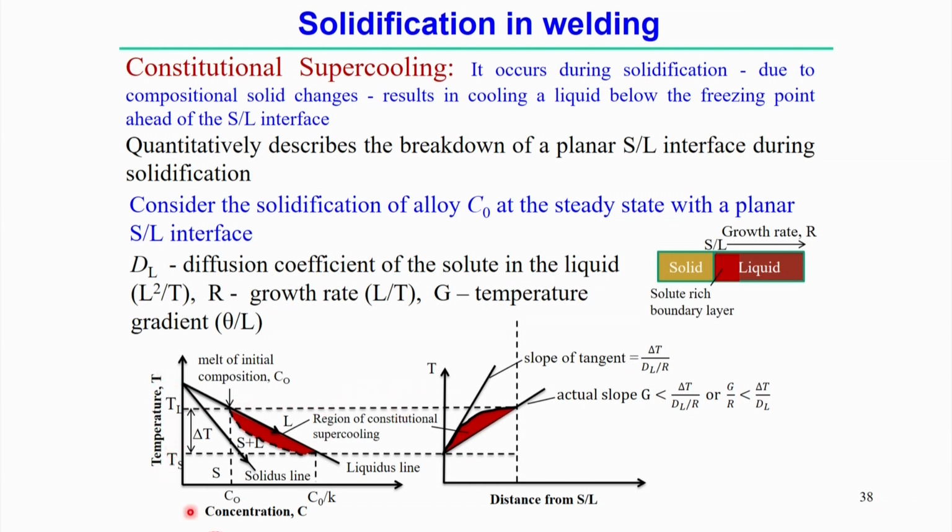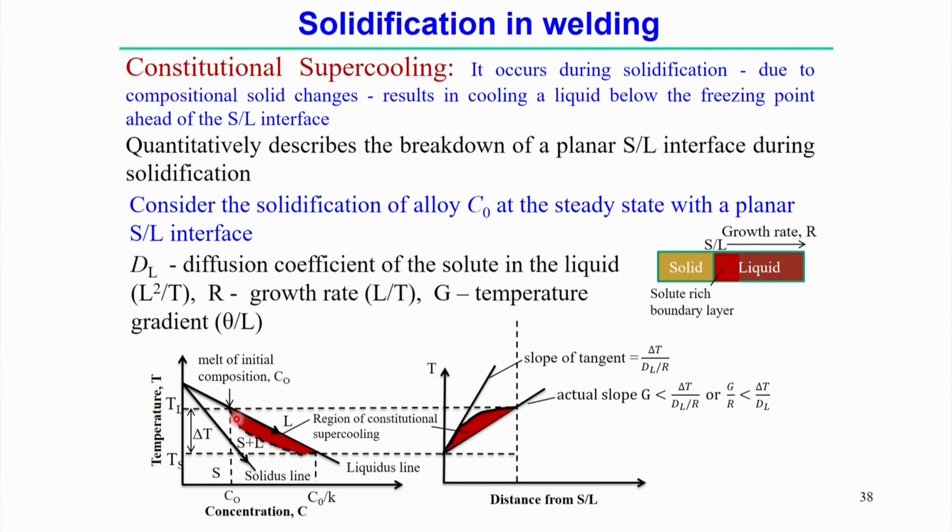Now, if we see the temperature versus concentration graph, here you can see the solidus line and then the liquidus line, and the initial composition C0. So, this material is subjected to some amount of supercooling.